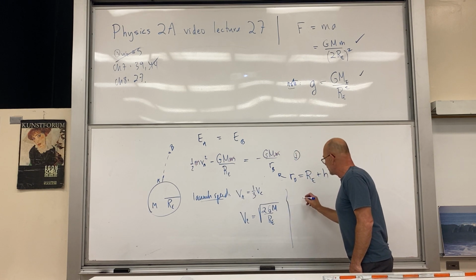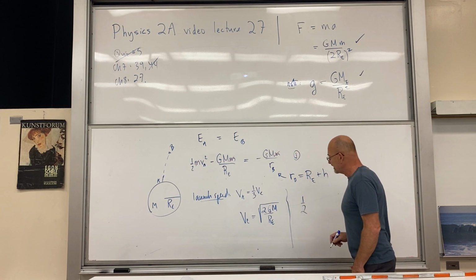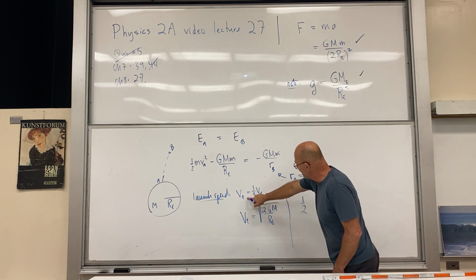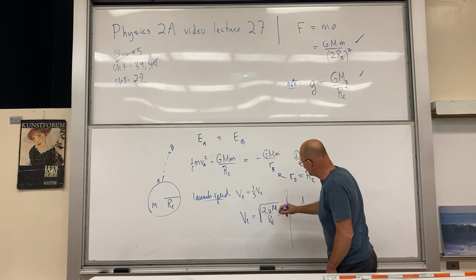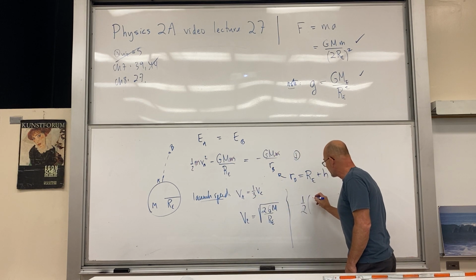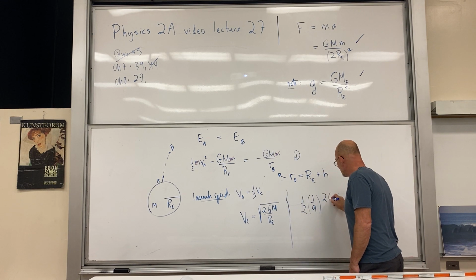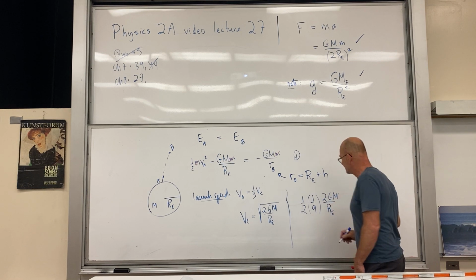So we have 1/2 and then v escape squared, v escape, v sub a squared. V sub a is this, so we have 1/3 squared is 1/9, and then v escape squared is 2GM over RE. Okay.